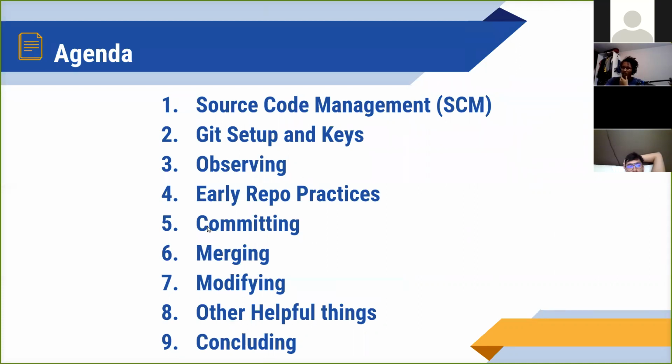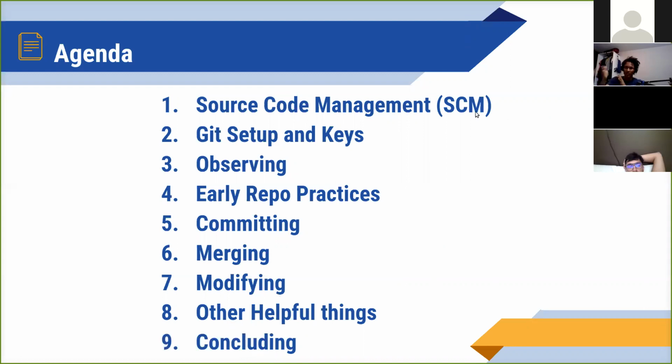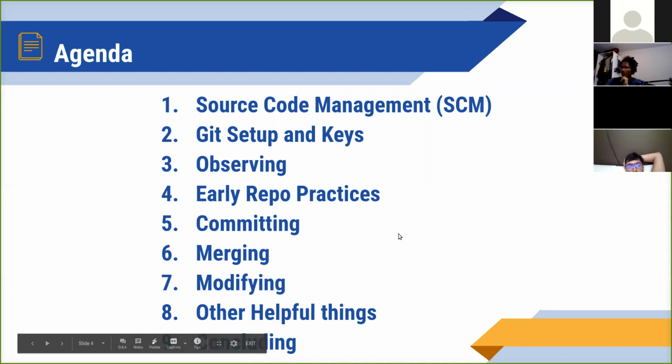We'll also be talking about how to commit things to a repository and then send that up to your repository in GitHub or some server somewhere else. Then I'll talk about merging, modifying files, and other helpful things like moving a commit back, resetting your repository, using the stash, and also concluding remarks.